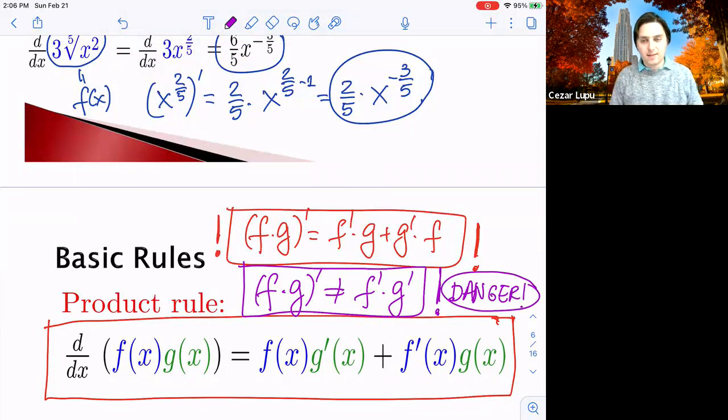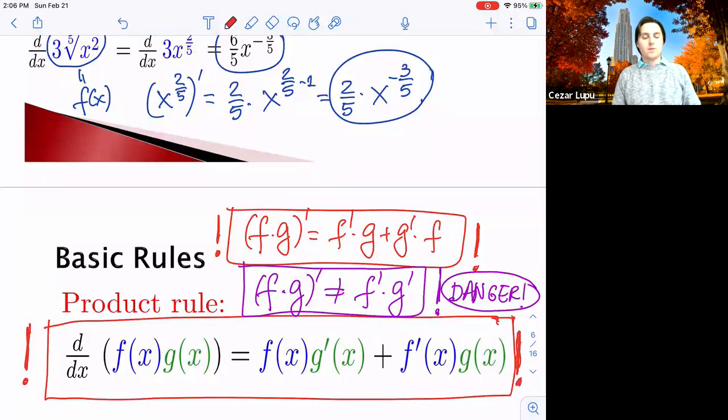If you write this, then you're in a danger zone. (f times g)' is not f' times g' for all functions. So I would like you to look again at this rule. It's very important.